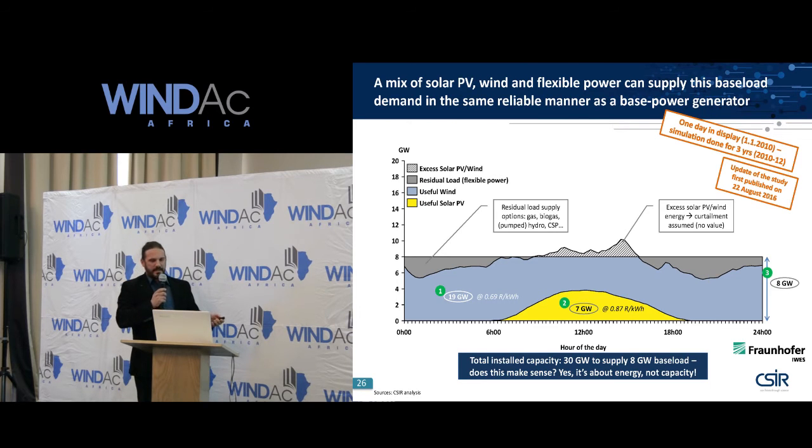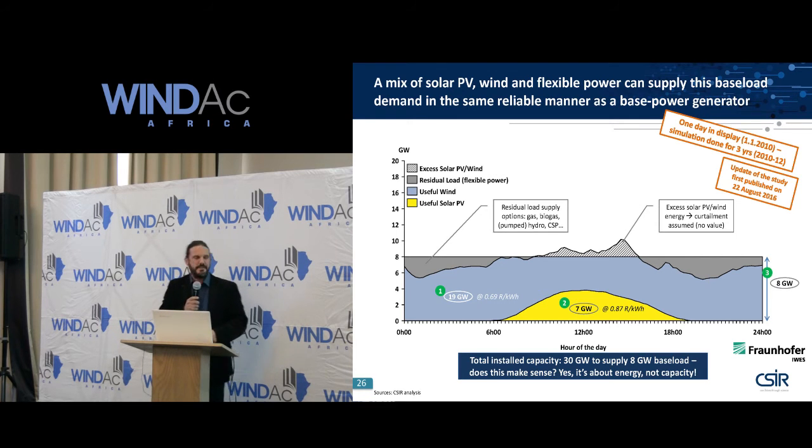We have some lags in this supply, which have to be covered by flexible power, and also we have some surplus, which may be curtailed, especially if we talk about base load. This is not base load anymore. So for this study, we assume that we just curtail it, and so it has no value for the energy system.